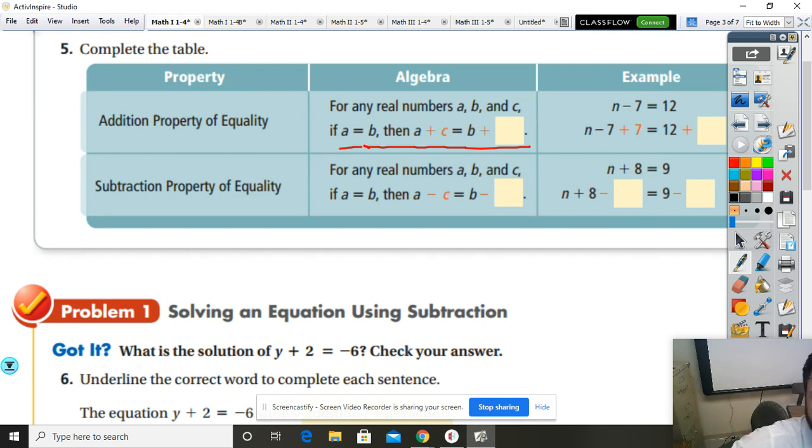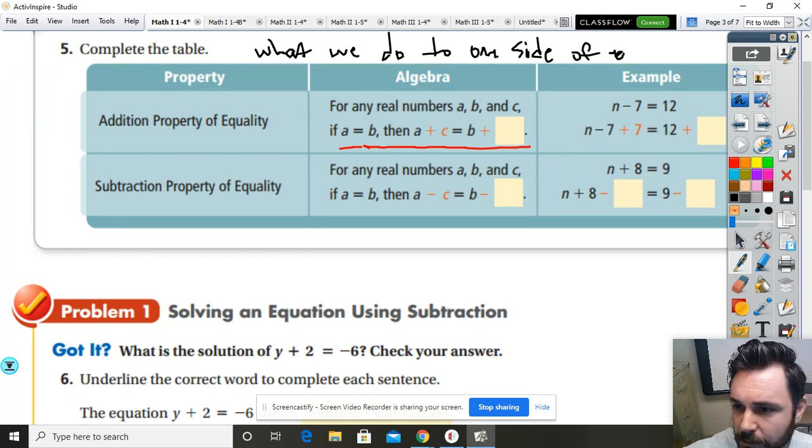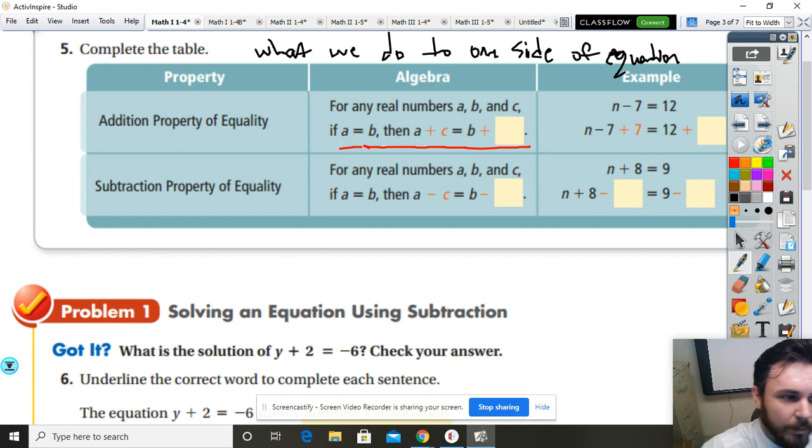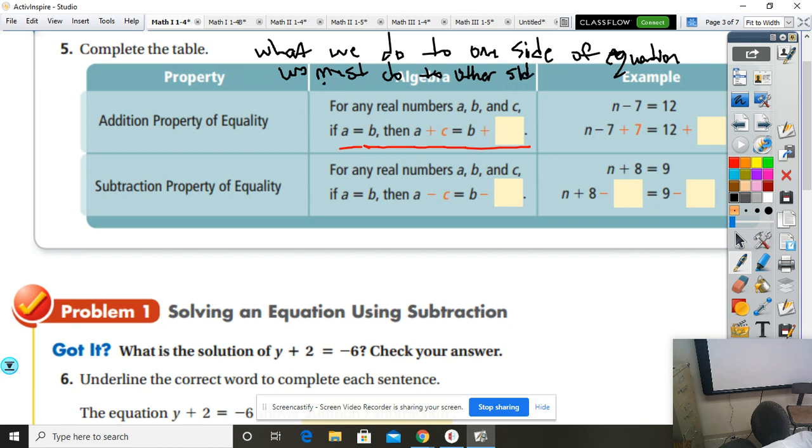And that's kind of what all of these properties are dependent on: what we do to one side of the equation, we must do to the other side. All things that we do from now on is because of that.